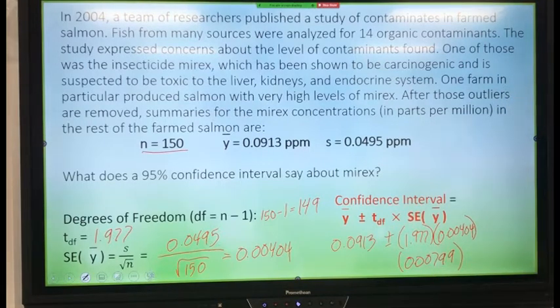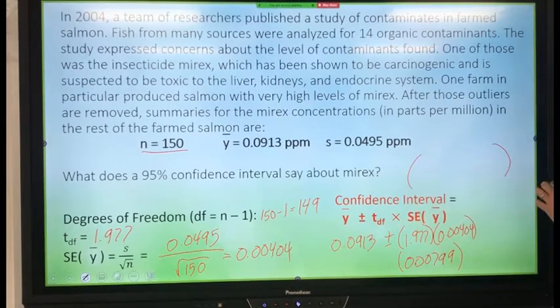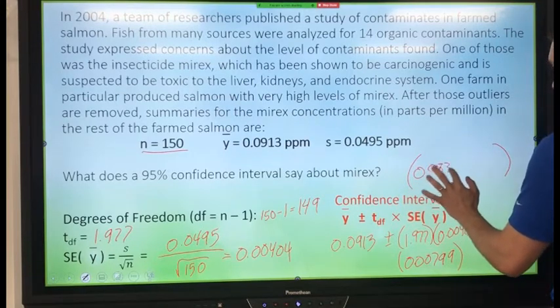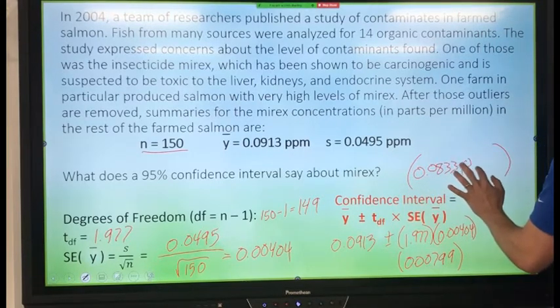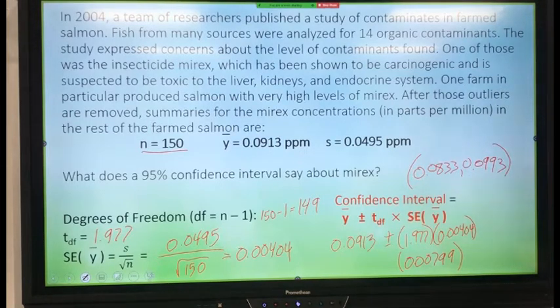So what is my confidence interval? 0.0913 minus and then plus. Let me do this at the same time. So I got 0.0833 and 0.0993. This is parts per million. So there's my 95% confidence.